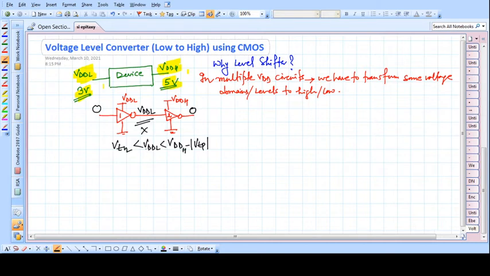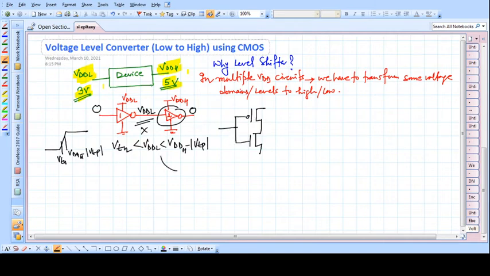When this voltage lies in between VDDH minus VTP, then this will cause short circuit power dissipation in the second inverter. I am just making this inverter based diagram for more clear understanding.